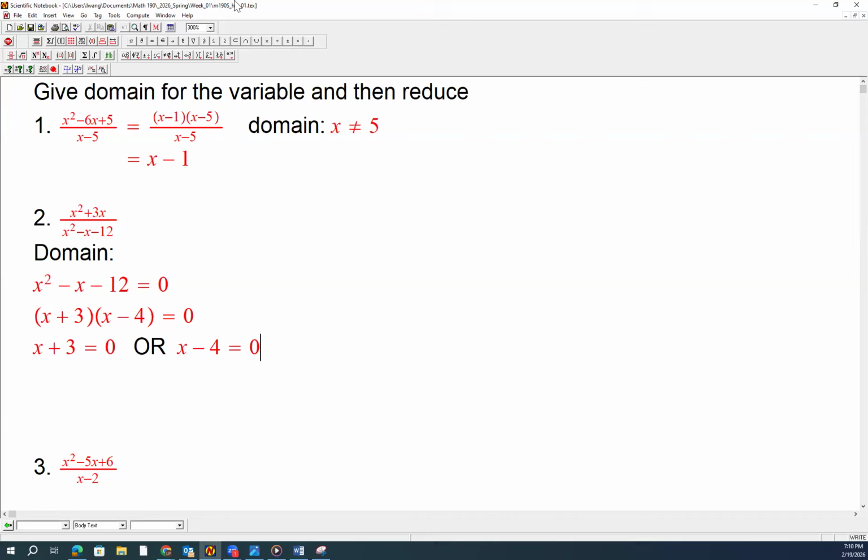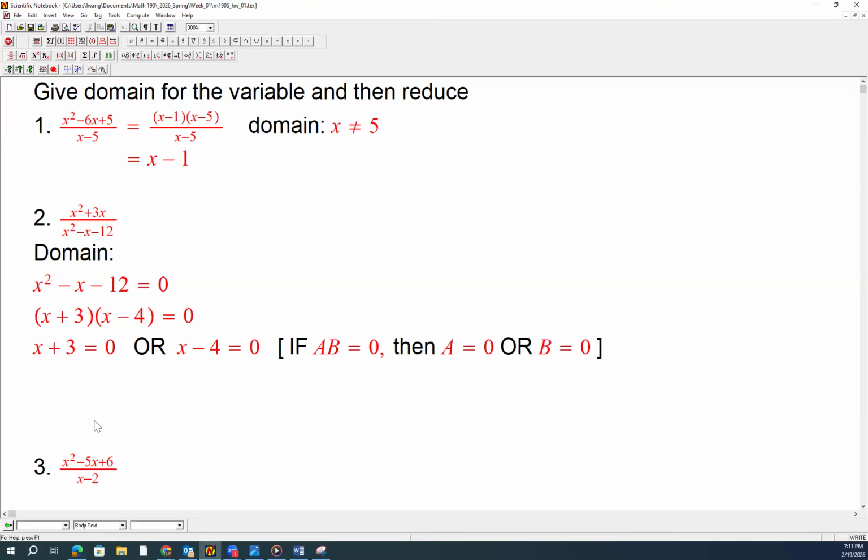The principle we used here is math principle number 5, which is: if a times b equals 0, then a equals 0 or b equals 0.